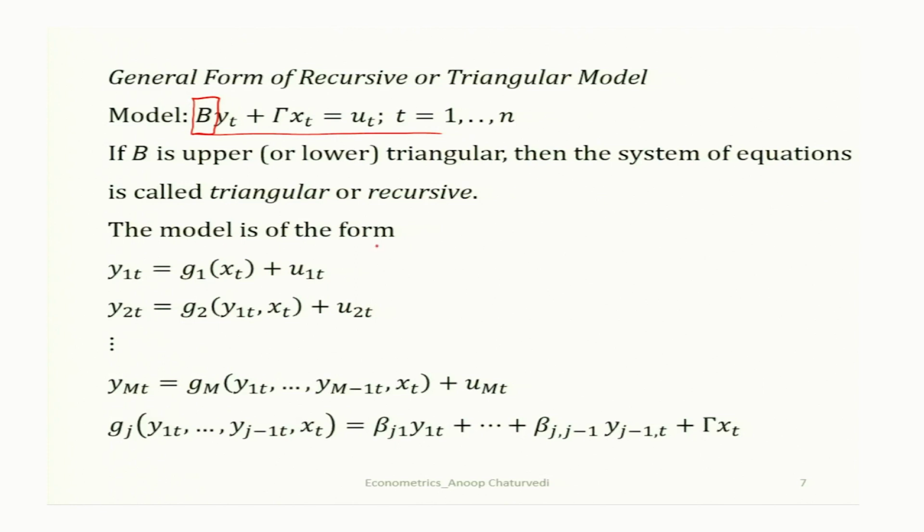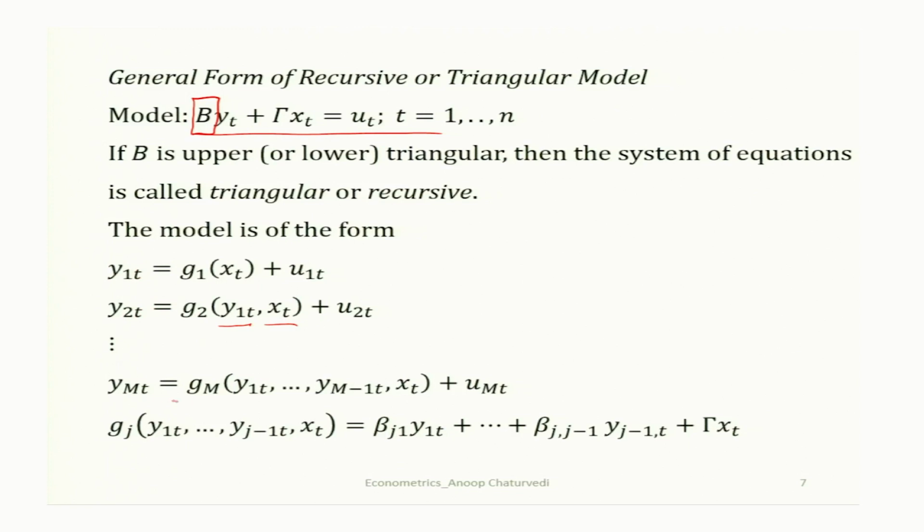Or you can say the model is of the form, say, y 1 t equal to g 1 x t plus u 1 t. So, y 1 depends upon x t's. It does not depend upon y 2, y 3, and so on up to y m. Y 2 t is equal to, say, g 2 y 1 t x t plus u 2 t. So, y 2 t is affected by y 1 t and x t's, but y 2 t is not affecting y 1 t, and so on.